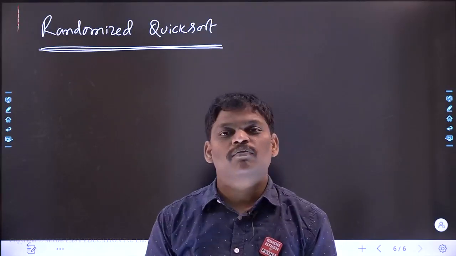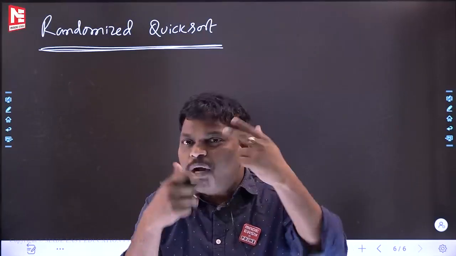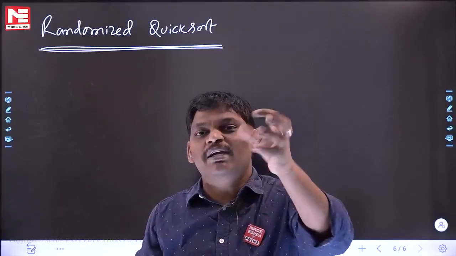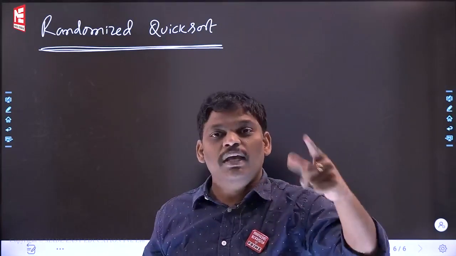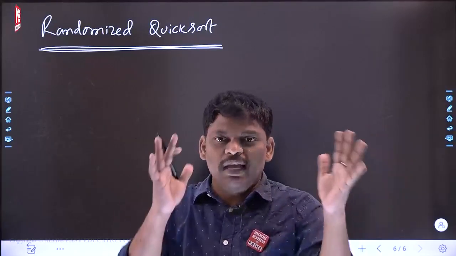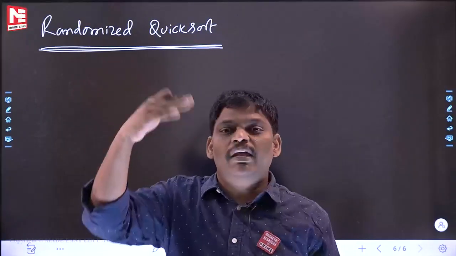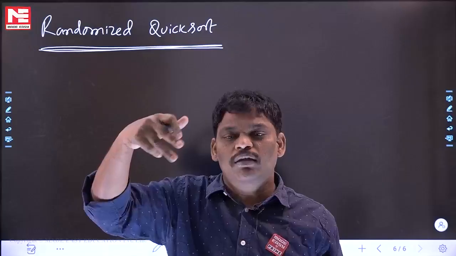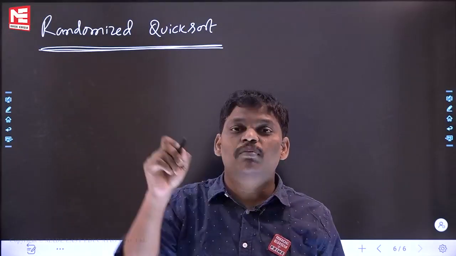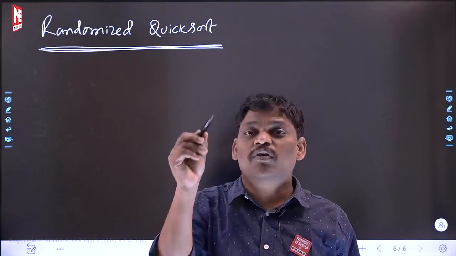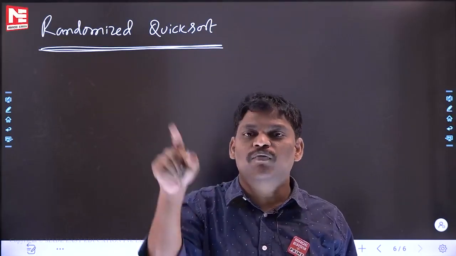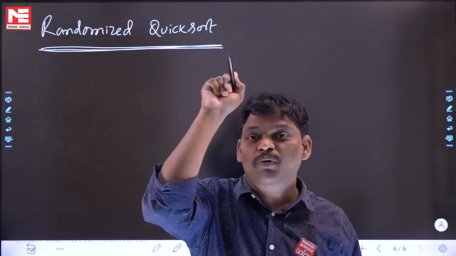Normally which one do you select? The first element. So the first time partition starts, I select the first element as pivot. The second time partition starts, again I select the first element among the available elements. The third time, again the first element. Every time I select the first element as the pivot.